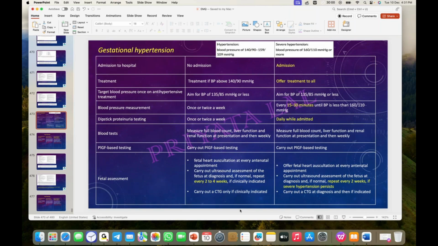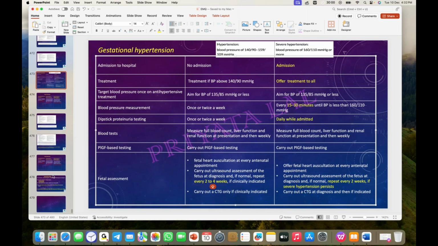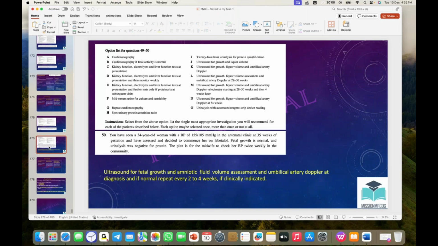The patient falls in the hypertension category, and this is all about the baby. Carry out a USG diagnosis and repeat every 2 to 4 weeks. But in this question, USG now and every 2 to 4 weeks should be the answer. That is not there.